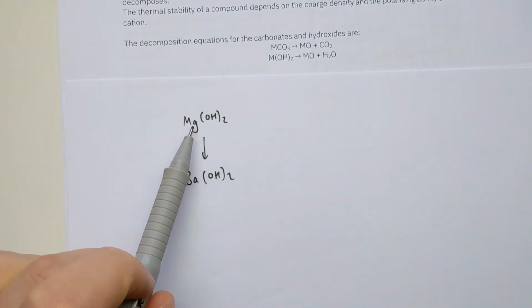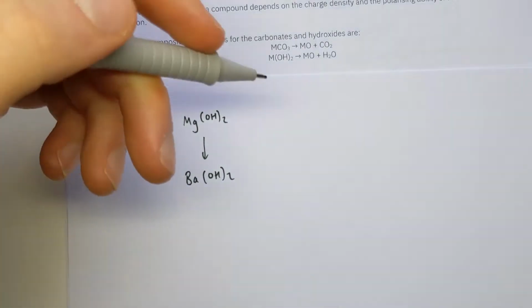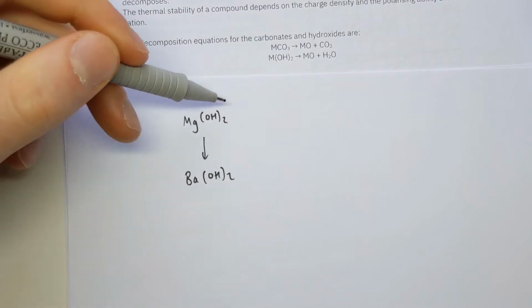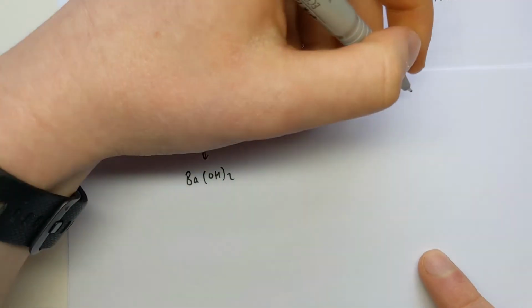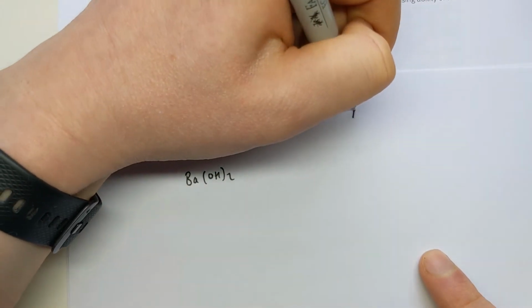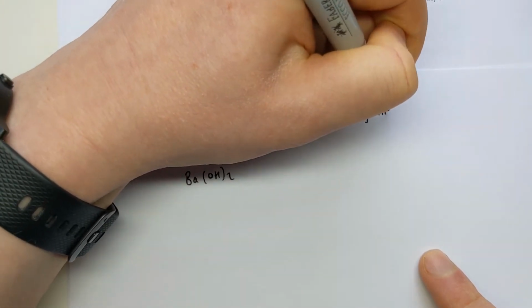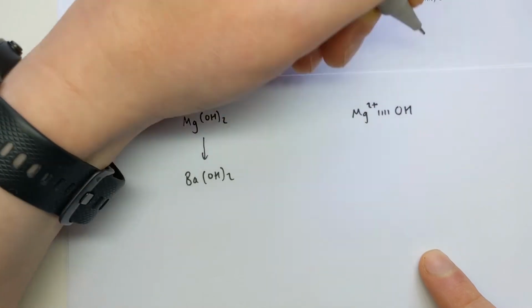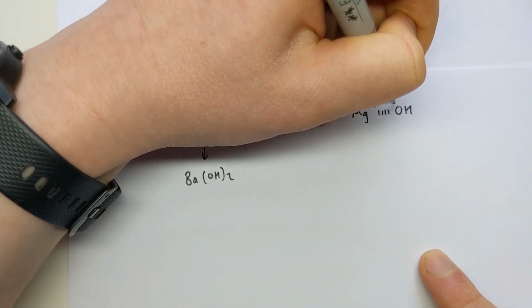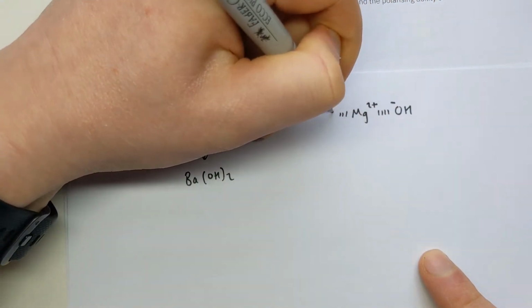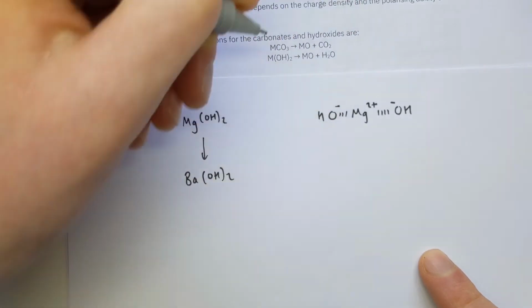If we think about the differences between magnesium and barium, obviously they're ionic compounds, so they have the same charge. What this compound looks like, drawn out a wee bit more structurally, is a magnesium 2+ ion with ionic attractions to 2 hydroxide ions. So that's OH minus, the minus charge is actually on the oxygen. And same here.